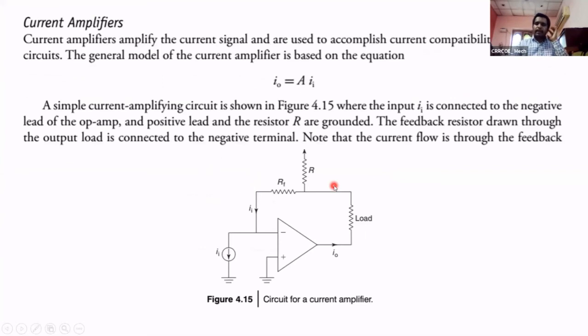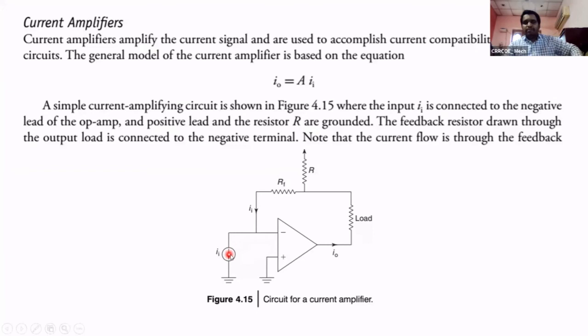Next, the current amplifier. Up to now the amplifiers were amplifying the voltage. We give input voltage and get output voltage as the amplification of the input voltage. Here the current amplifier amplifies the current. See, this is the circuit of the operational amplifier used for current amplification.